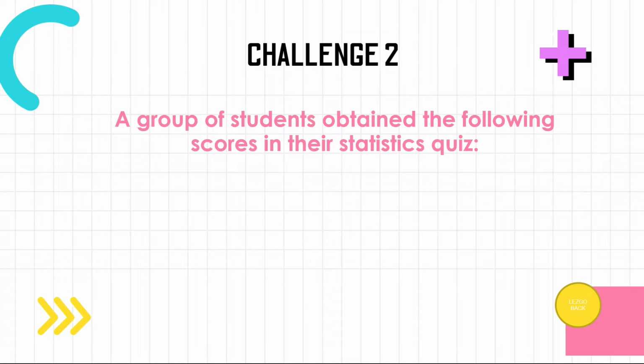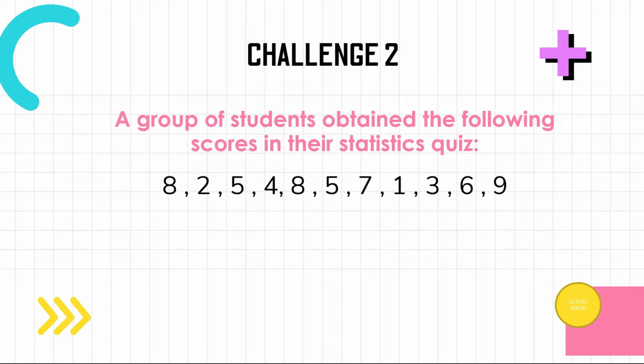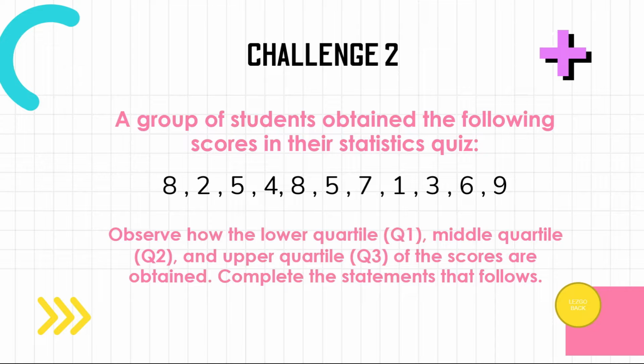A group of students obtained the following scores in their statistics quiz: 8, 2, 5, 4, 8, 5, 7, 1, 3, 6, and 9. Now, observe how the lower quartile, which is the Q1, the middle quartile, which is the Q2, and the upper quartile, which is the Q3, of the scores are obtained.